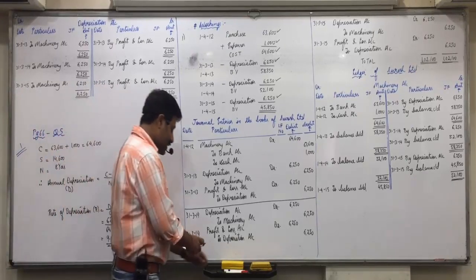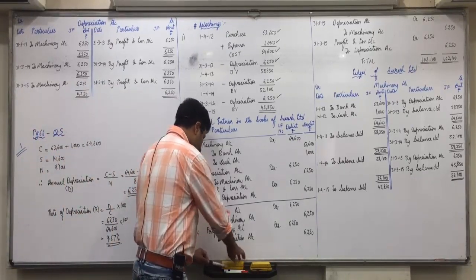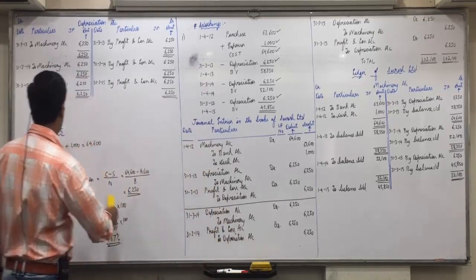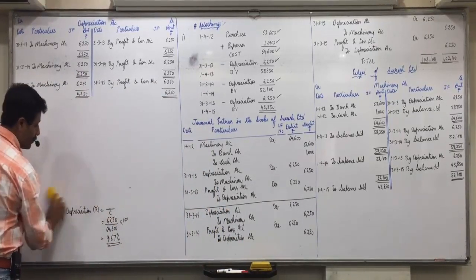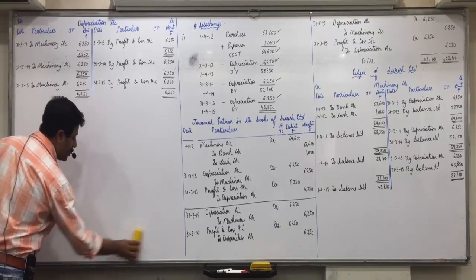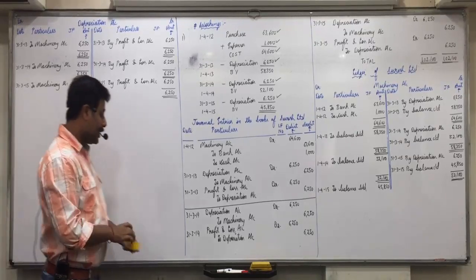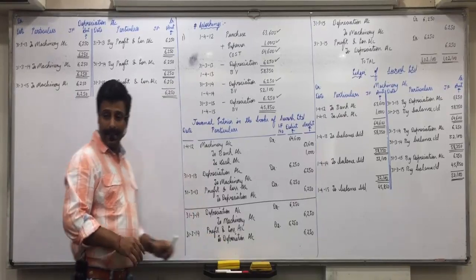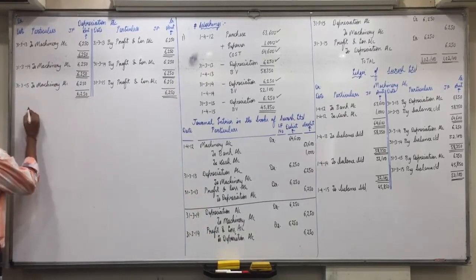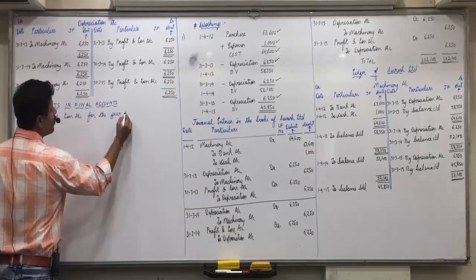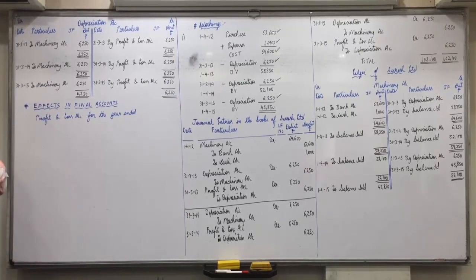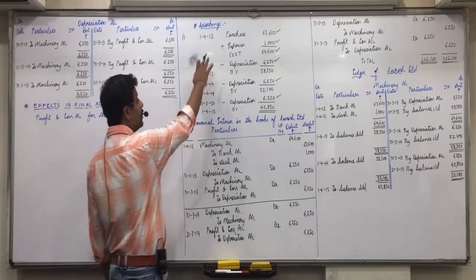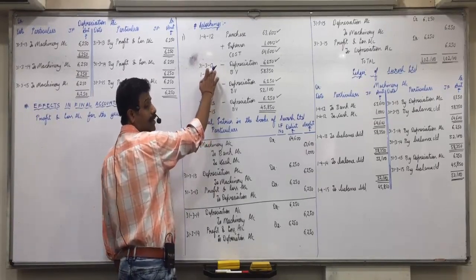Okay, we have to show the effects in annual accounts, meaning final accounts, profit and loss account and balance sheet. Everything we learned yesterday is asked in a single question. So, give the heading effects in final accounts. But we are asked for the first year. First year ends on which date? First year ends on 31/3/13.